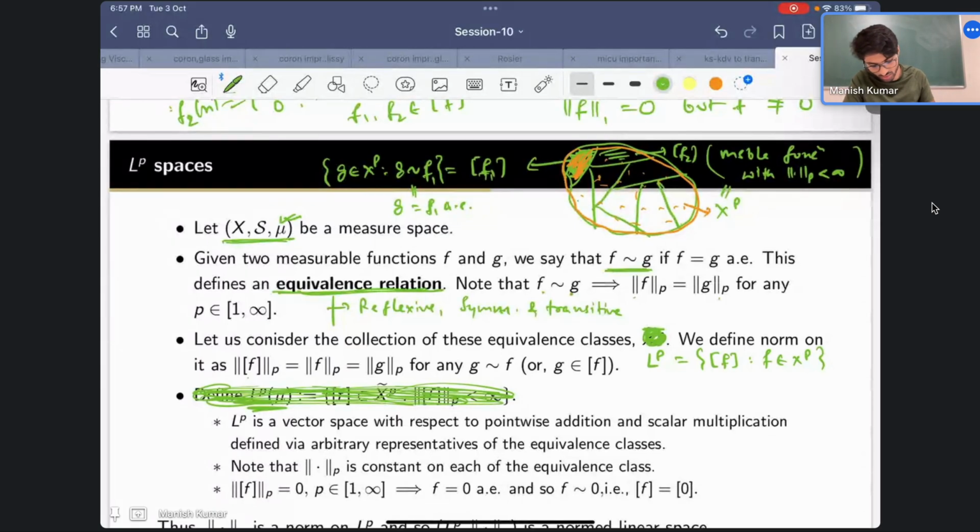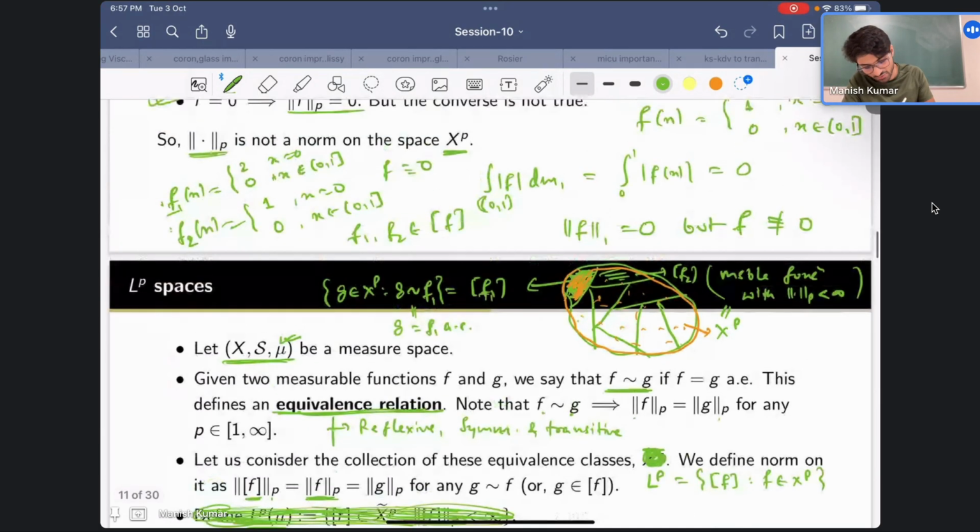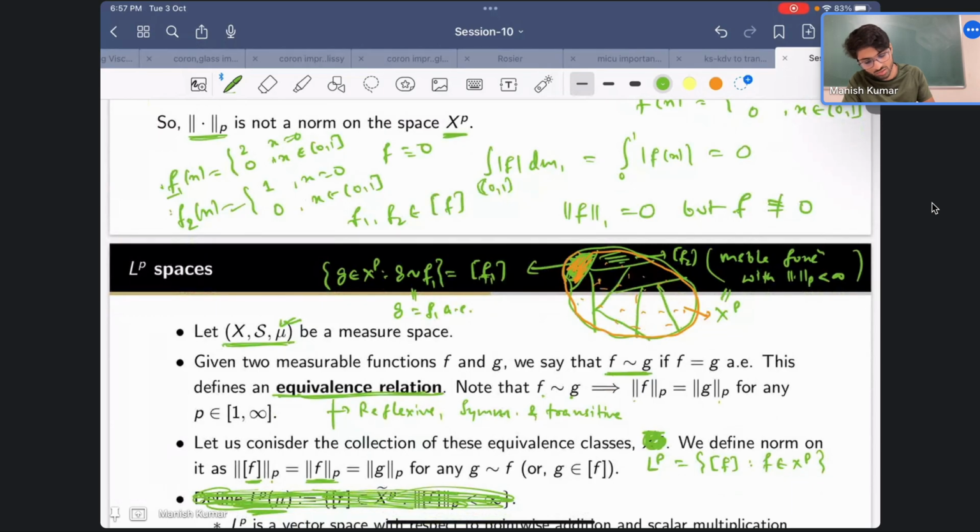In this way, the norm of the equivalence class of f is equal to the norm of f, where f was a function. In this case, consider f1, f2 belonging to the class of the 0 function. The norm of the class of f is equal to the norm of f, and f is 0, so this is 0. So the norm of f1 is also 0, and the norm of f2 is also 0.